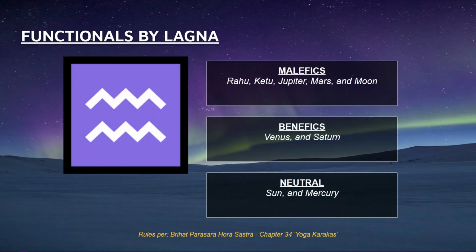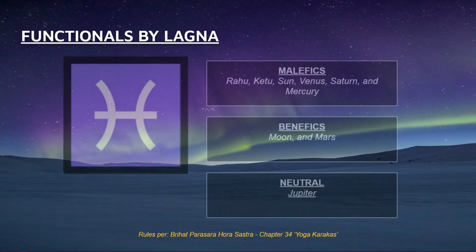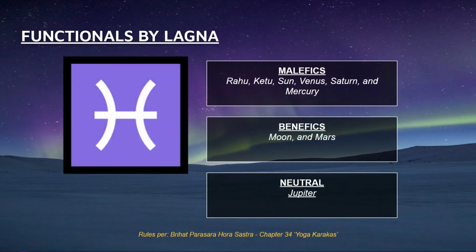Aquarius Lagna, malefics include Rahu, Ketu, Jupiter, Mars, and Moon. Benefics are Venus and Saturn, and neutrals are Sun and Mercury. And Pisces, malefics are Rahu, Ketu, Sun, Venus, Saturn, and Mercury. Benefics are Moon and Mars, and Jupiter is neutral, which you would not think being at home in Pisces.